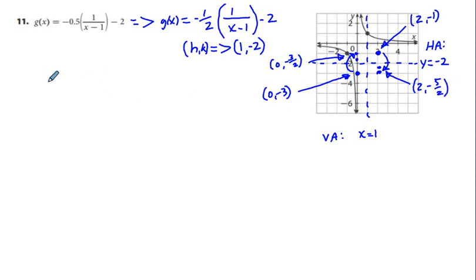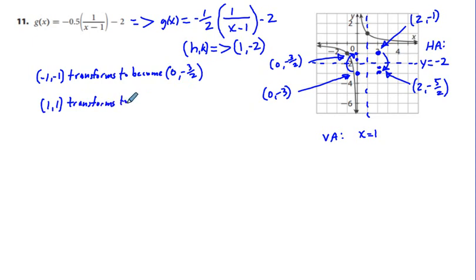So I'll state it this way. I'll say this -1, comma, -1 transforms to become the coordinate pair 0, comma, -3/2, and the other reference point 1, 1 transforms to become the coordinate pair 2, comma, -5/2.